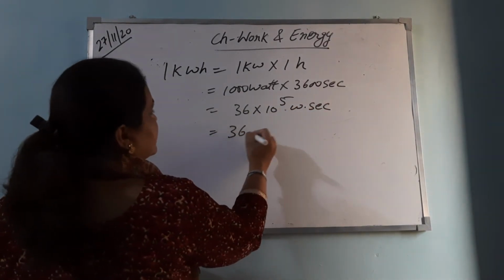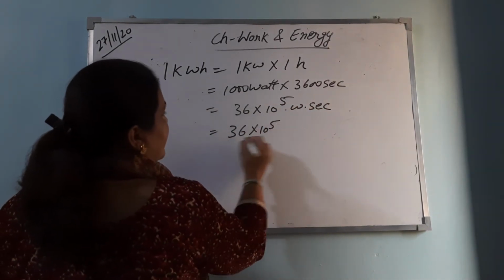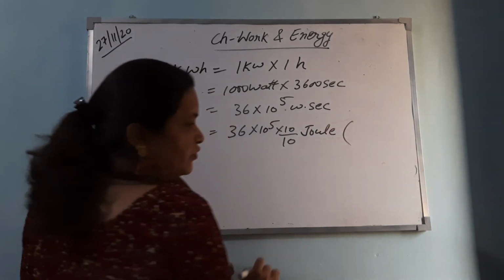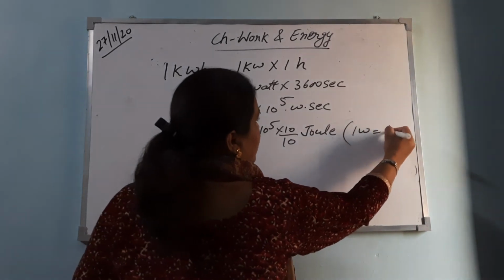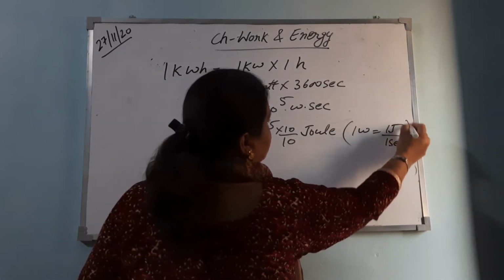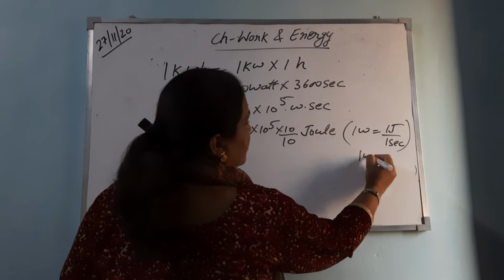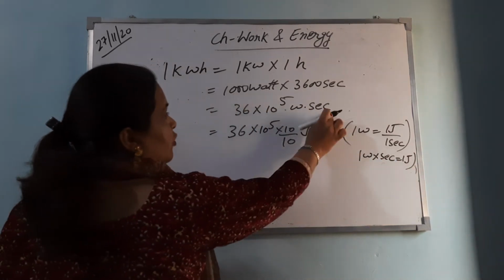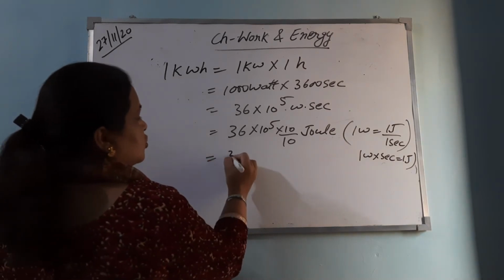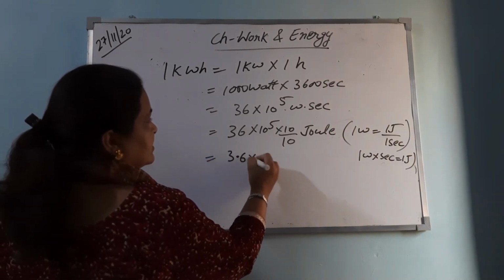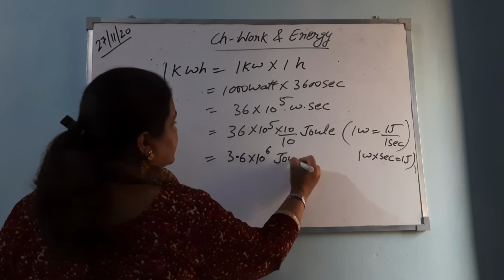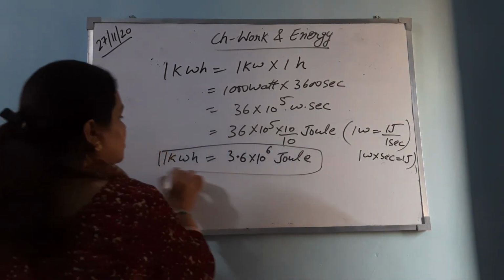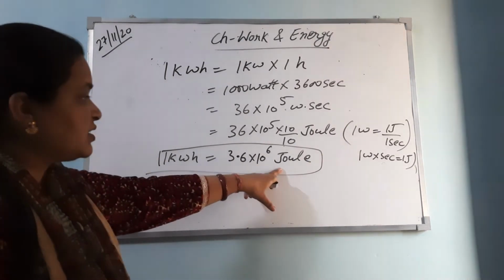Because just now I told you 1 watt is 1 joule upon 1 second, when you multiply watt into second, it becomes 1 joule. So that's why for watt into second I have written joule. So 1 kilowatt hour is equal to 3.6 into 10 raised to the power 6 joule.